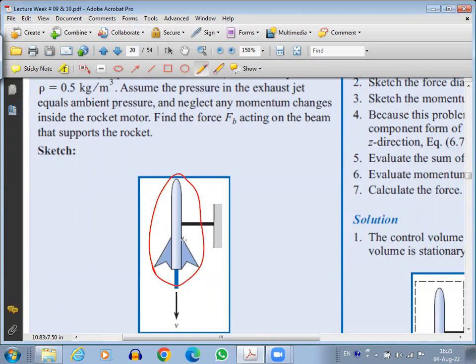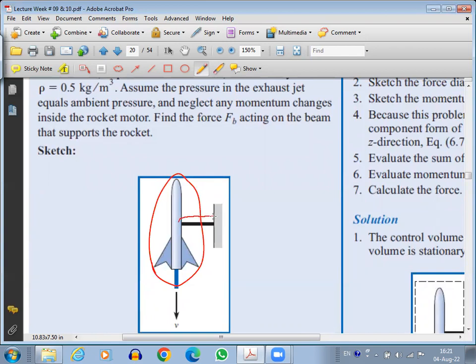We put the fuel inside the rocket because this is a model, so it should be accurate. The fuel is producing the thrust so that the rocket can go up. But since we want to measure the thrust, we connect the rocket with this supporting beam.